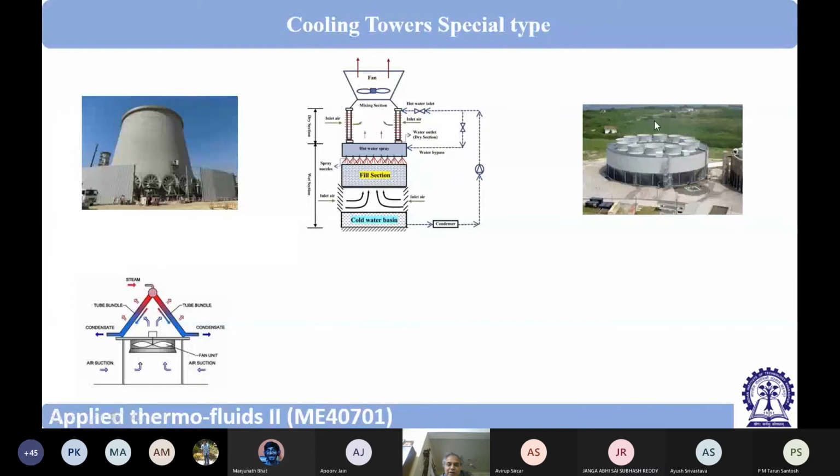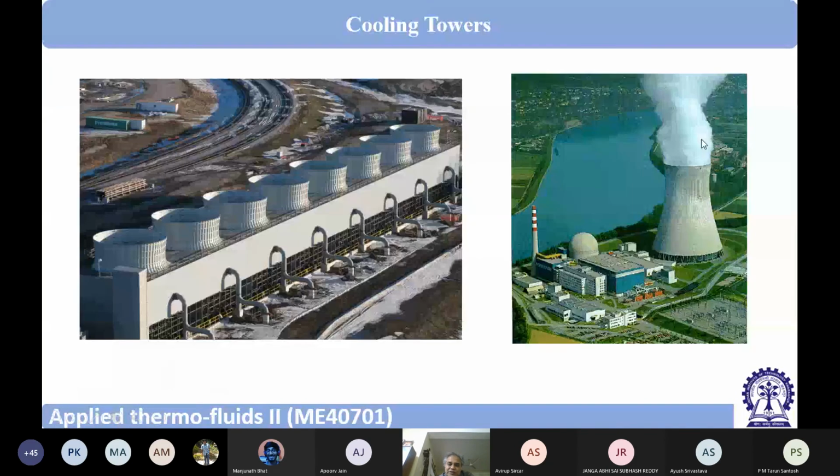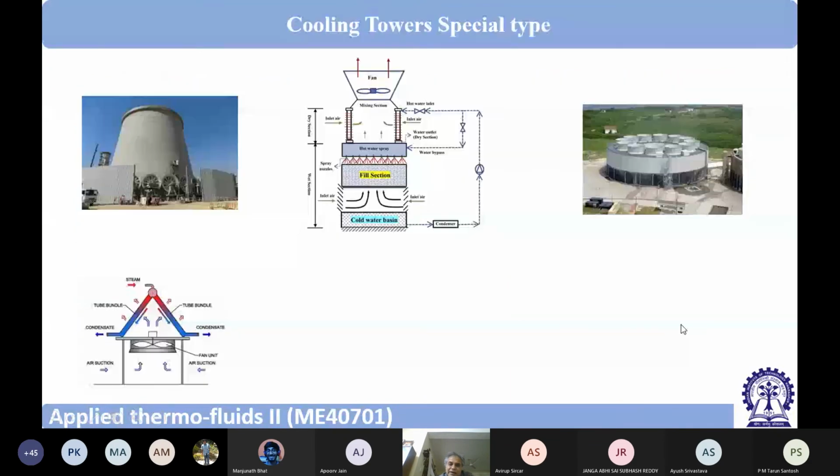This is a cooling tower having multiple fans. The advantage is, see the plume which is coming out of the cooling tower. If there are multiple fans, then all the plumes will get connected and a single large plume will be there.